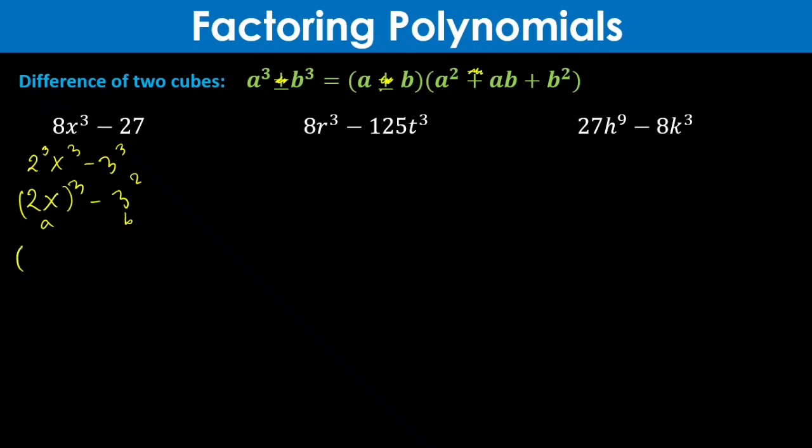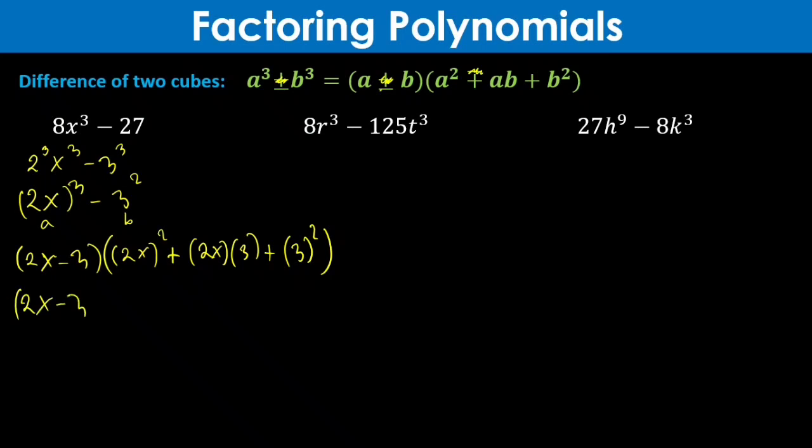So we can now write this as a minus b, that is 2x minus 3, and then square a, 2x squared. This time it's plus, and then multiply our a, which is 2x, and b, which is 3, and then plus the square of our b, which is 3 squared.